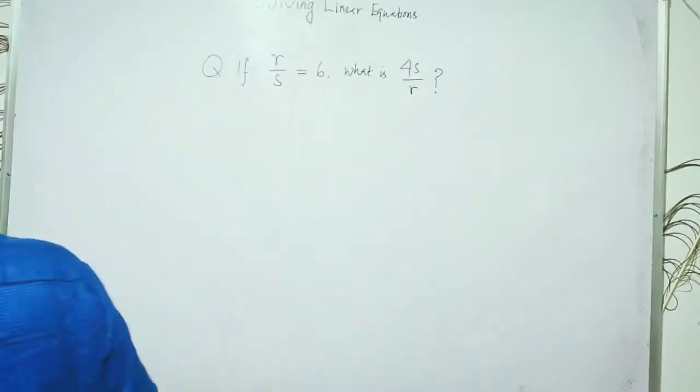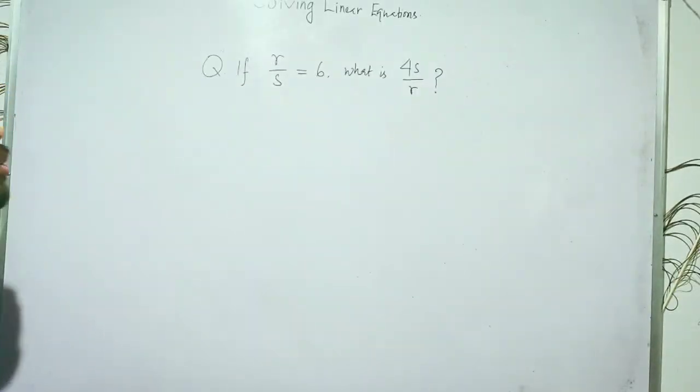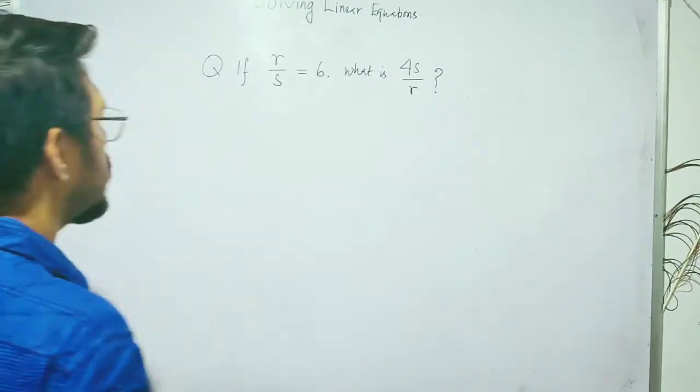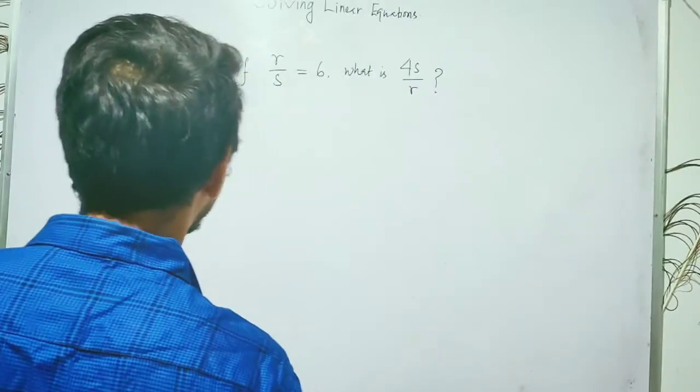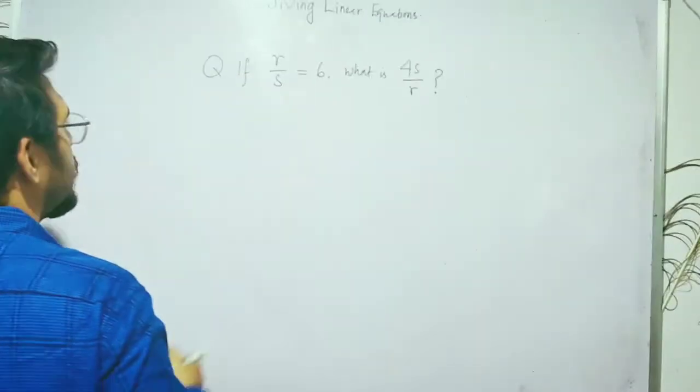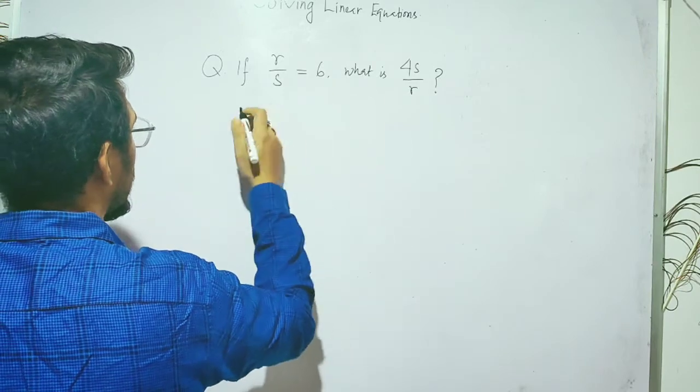If r over s equals to 6, what is 4s over r? So how to solve this particular problem? Now, in order to solve this particular problem, we have to first of all understand what is given here.